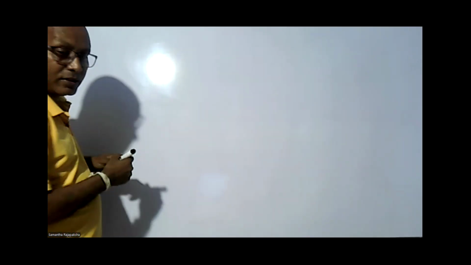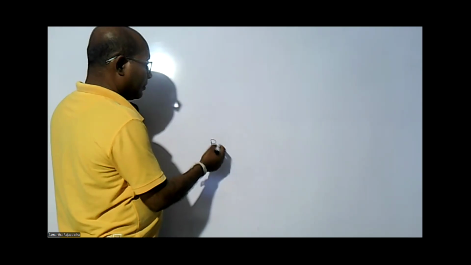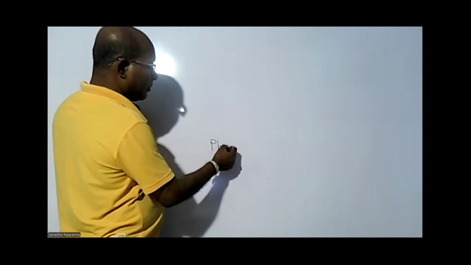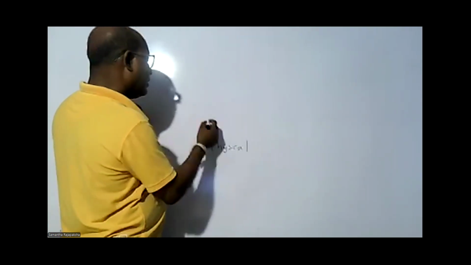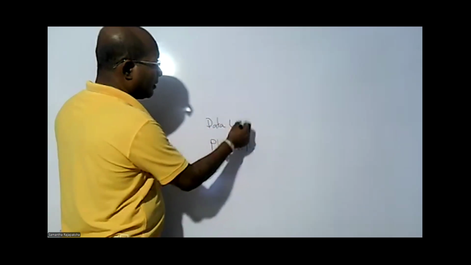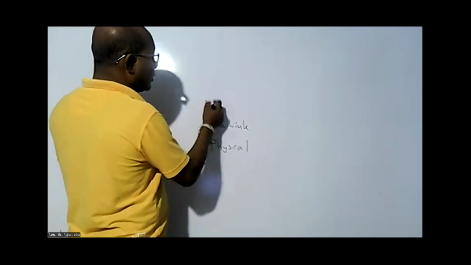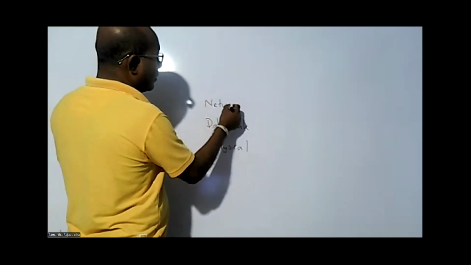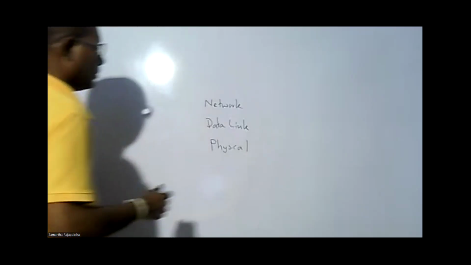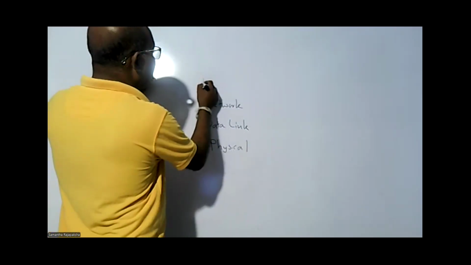At the bottom, we have the physical layer. And then you have the data link layer. Then you have the network layer. And then the transport layer.